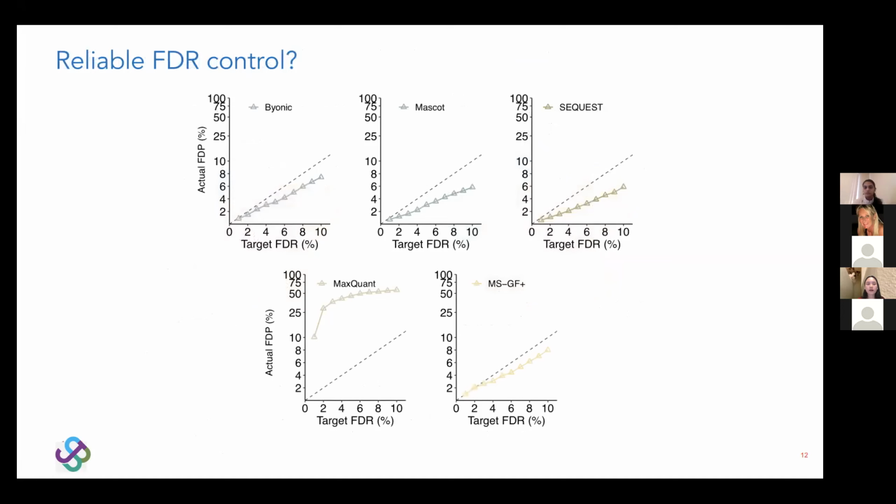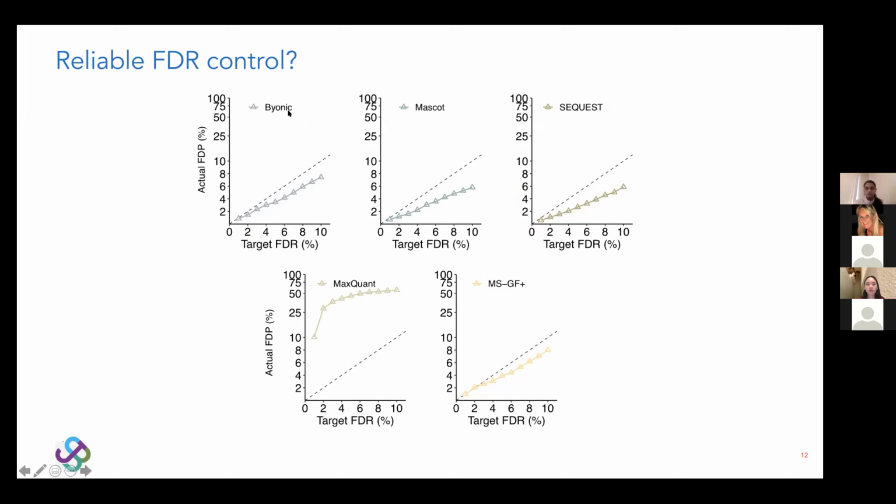And we also look at the FDR control. So we examined the target FDR from 1% to 10% and looked at their empirical FDR. This diagonal line means the empirical FDR equals the target FDR. So as long as all points are below this diagonal line, the method controls FDR well.